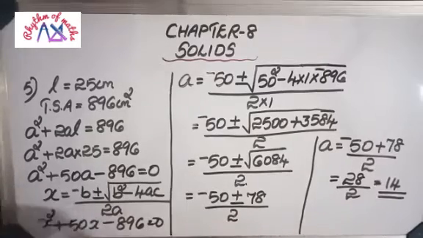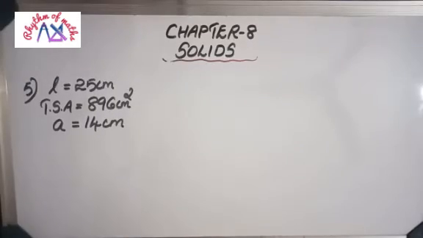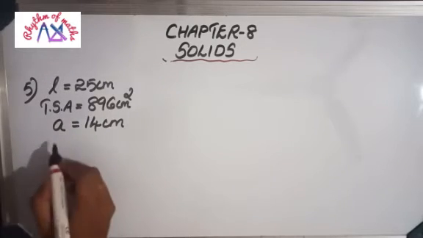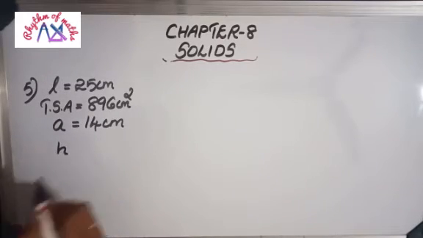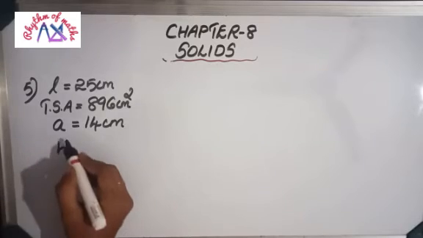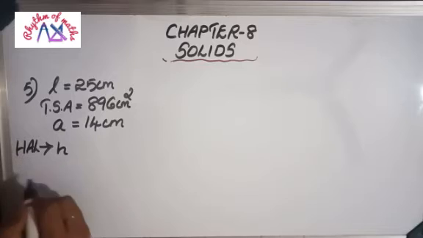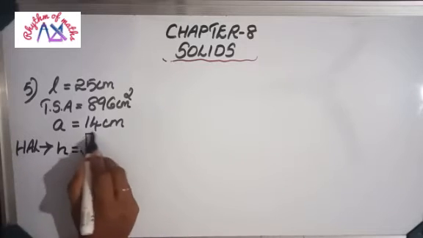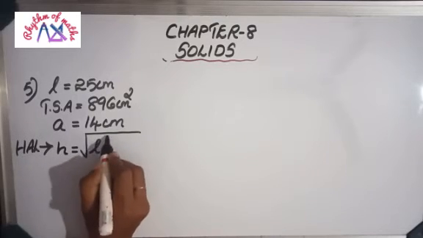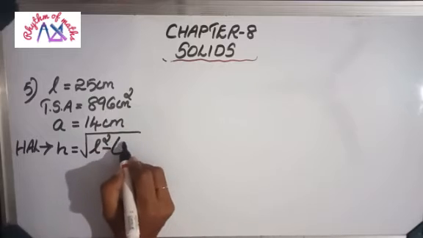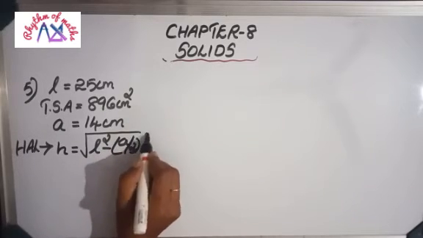Now let's find the height of this pyramid. Here we have l, a, and we need to find h. In order to find h, which terms do we have to consider? h, a, l, that is all we need to consider. h equal to root of l square minus (a by 2) the whole square, as l is the hypotenuse.